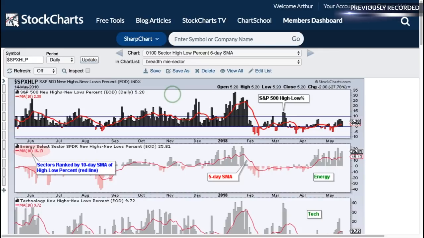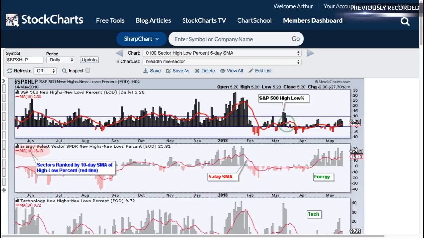All right, this chart here shows S&P 500 high-low percent in the top window, and there you can see the bars there for when high-low percent is positive are black and red when negative. And the red line is a 10-day simple moving average, kind of averages it out.